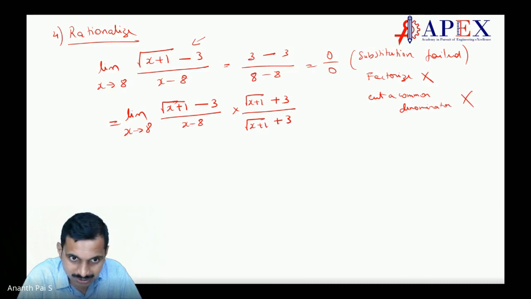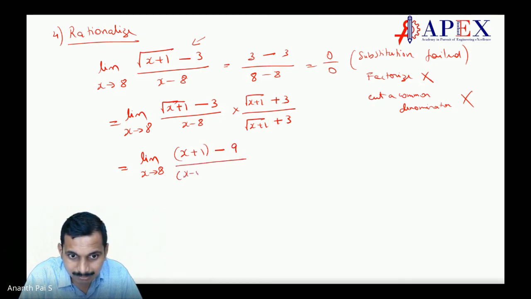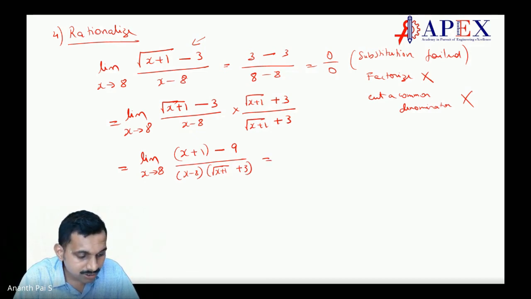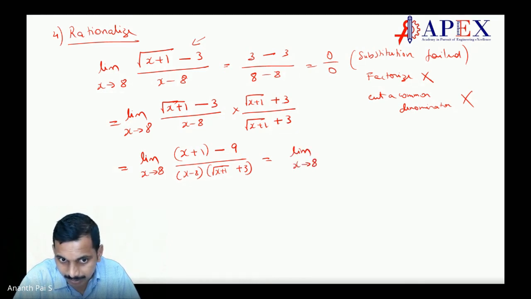So this will be limit x tending to 8, where you can factorize the numerator to get x plus 1 minus 9, and here we have x minus 8 into square root of x plus 1 plus 3, correct students. When you apply this, you get x plus 1 minus 9 is x minus 8, divided by x minus 8 into square root of x plus 1 plus 3.